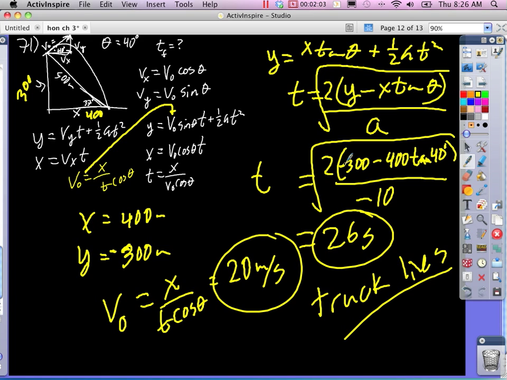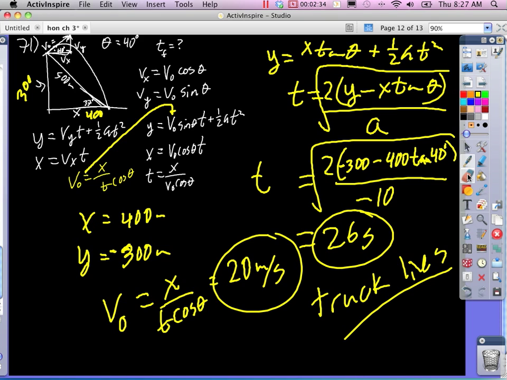So it's 2 times minus 400 times the tangent of divided by acceleration.